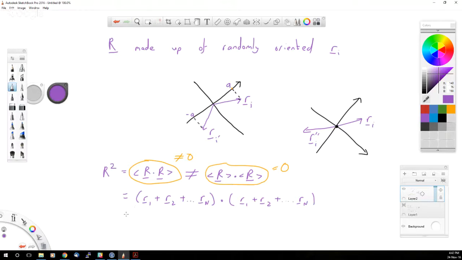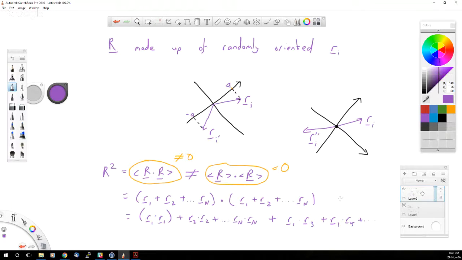And so we end up with two different types of term. One where it's one of these smaller vectors dotted with itself, and lots of those. We also have lots of them which are different things.